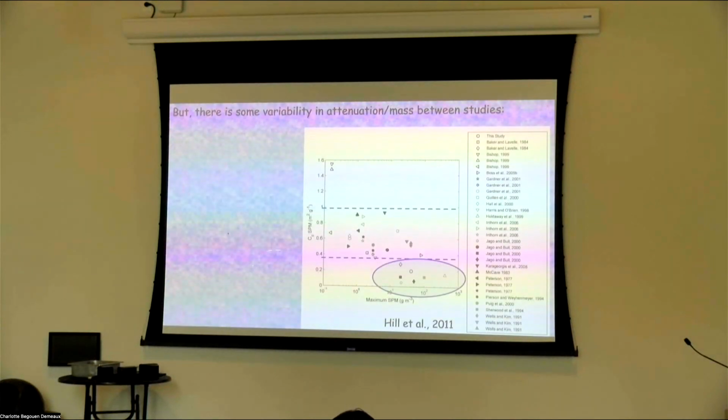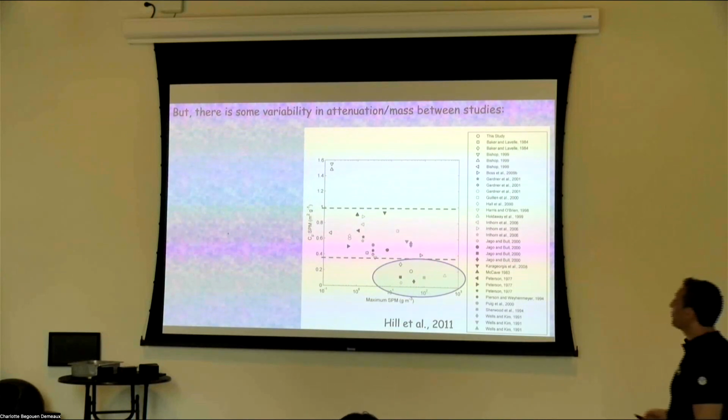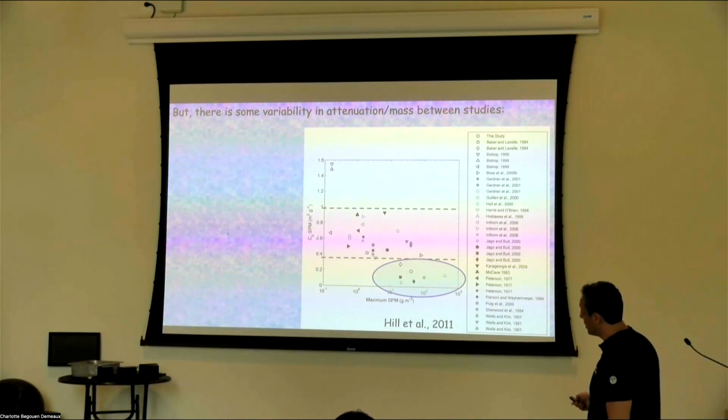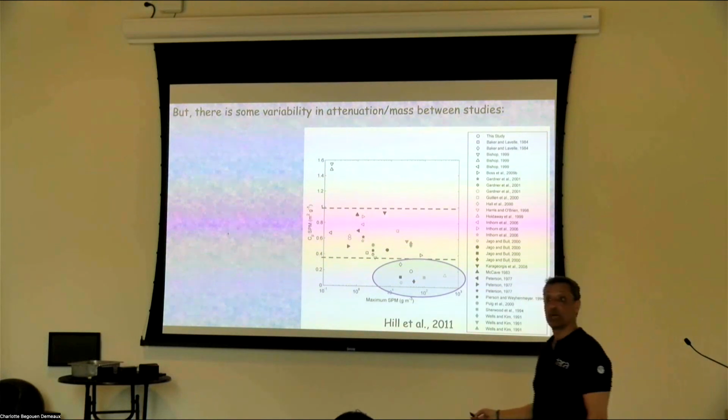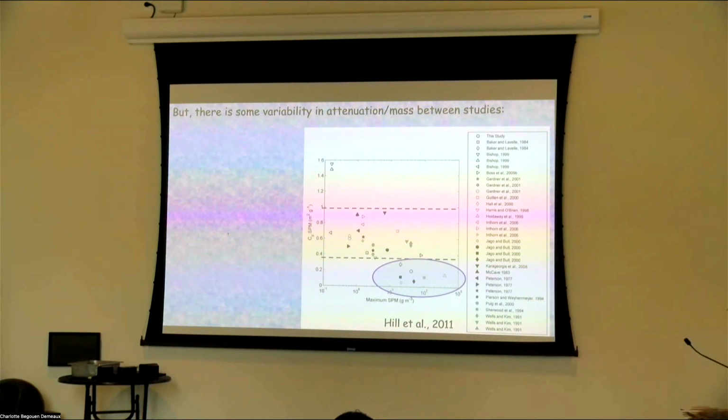So Paul Hill did a review of this ratio, beam attenuation divided by mass, in coastal environments. Many of you work in estuaries and things like this. If you take all these papers, you find that most of the data sits in a relatively tight range of CP to SPM, beam attenuation to particulate mass, all at 660 nanometers.